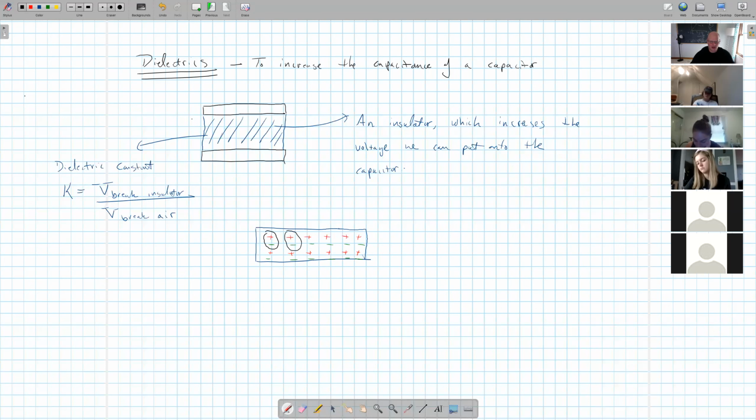But since I have charge separation between the two, I also create an electric field inside of each one of these, which in this case points in this direction. So this is the electric field created by each one of these different little polarizers, which means that I'm going to create a much larger electric field.